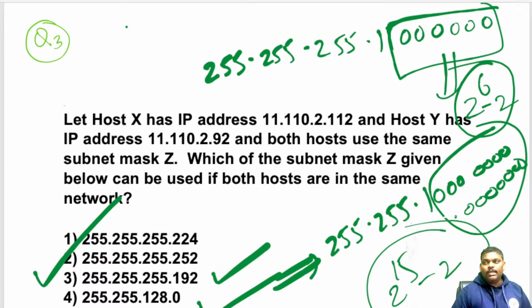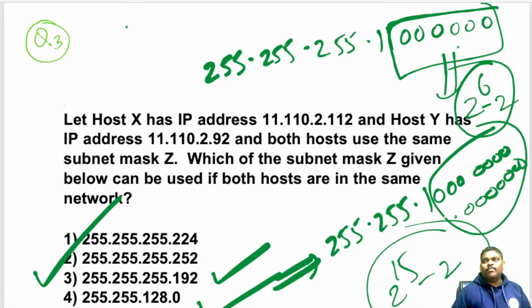So option 3 has less host, option 4 has more host. More host means you are in the middle of the path. Less host means you are very close to the destination.